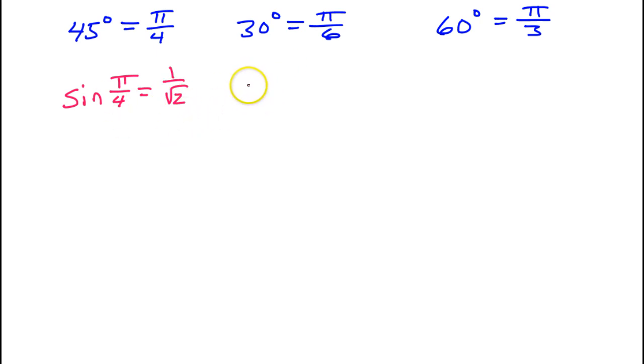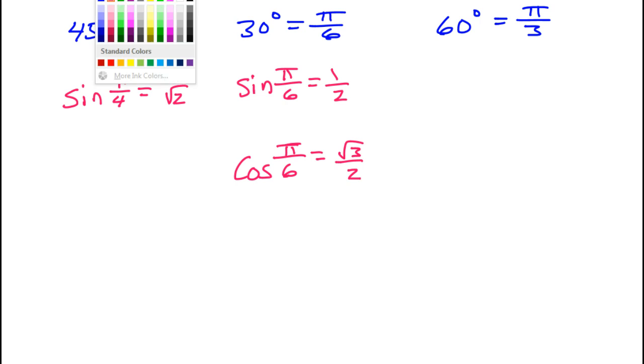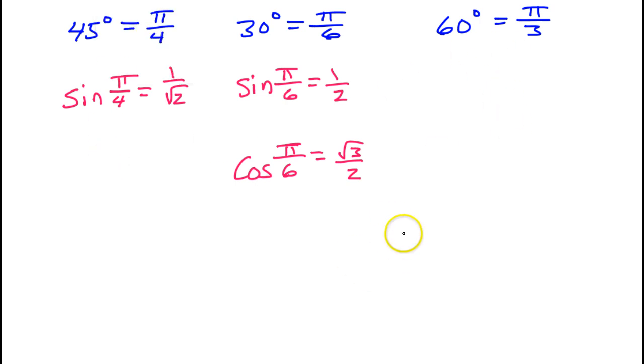Also, you have to memorize that the sine of pi over 6 is 1/2. And you must memorize that the cosine of pi over 6 is radical 3 over 2. Memorize these 3 facts. Everything else will just fill itself in as if by magic. Now, here's how you fill in the rest of this chart.